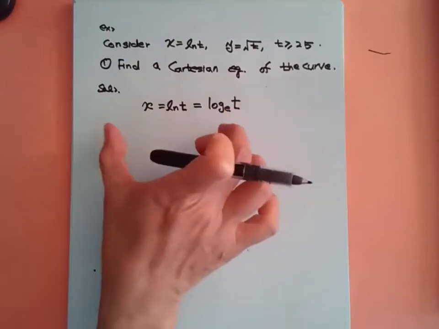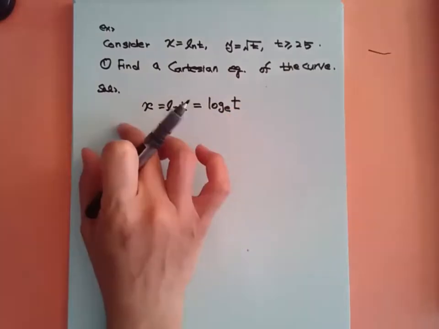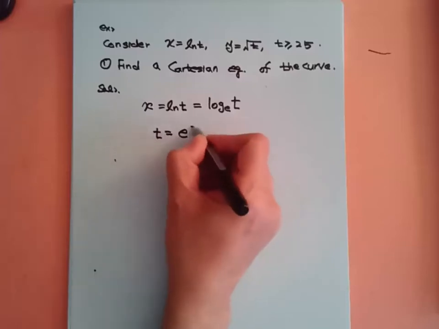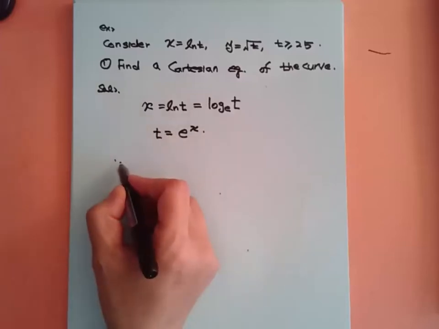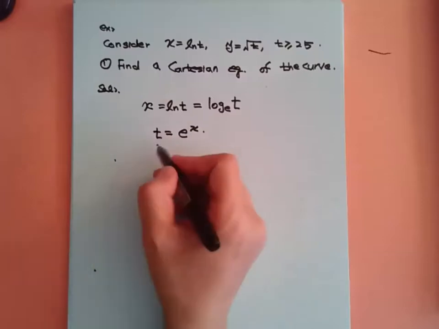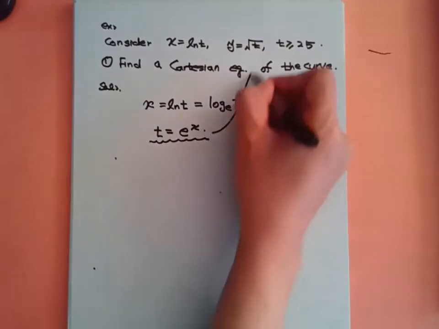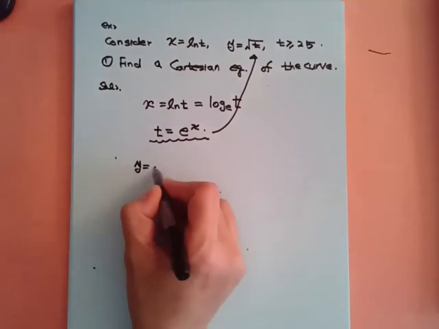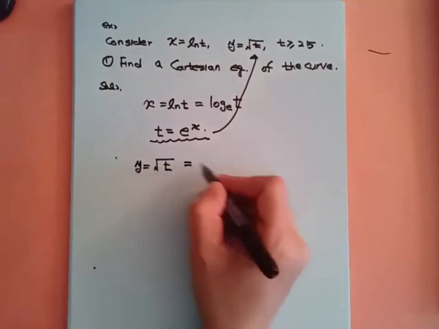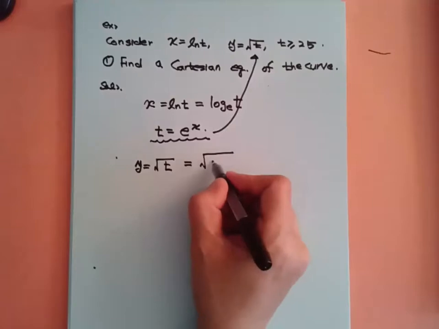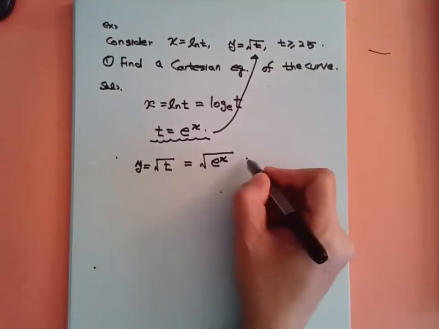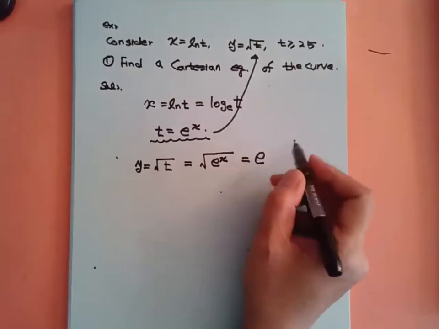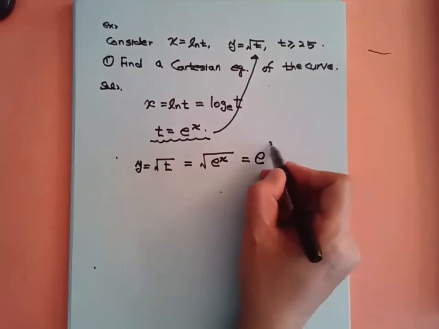So based on this equation, e to the x power makes t. So t equals e to the x power. So we want to put this into this equation. Then y equals square root of t will be written as square root of e to the x. And then that can be written as e to the x over 2, since the square root is the 1/2 power.